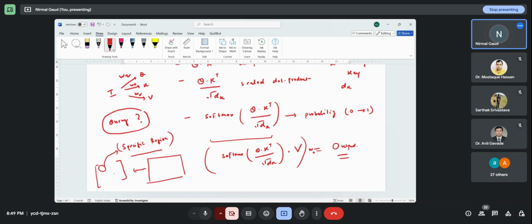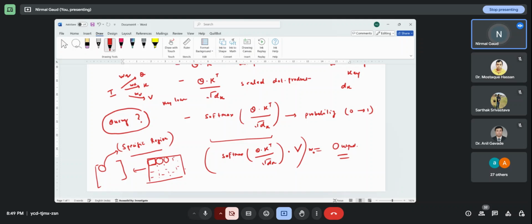Key will be spatial locations. Out of this image you took a specific region, and the rest all will be your spatial locations. And value will be the feature vectors for the spatial locations.